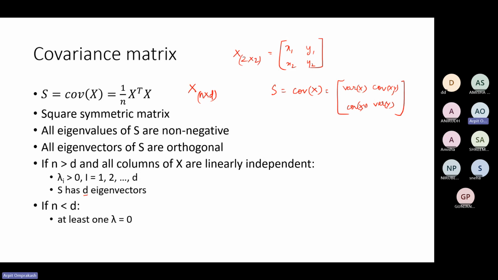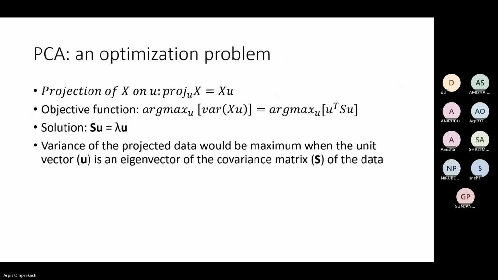Sorry. So why are we talking about the covariance matrix? Because when we define PCA, we define it as an optimization problem. So basically what I mean by that is, we have this thing which is the projection of X on U, right? Which is given by this.